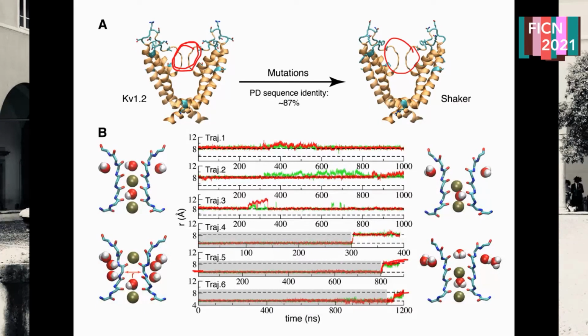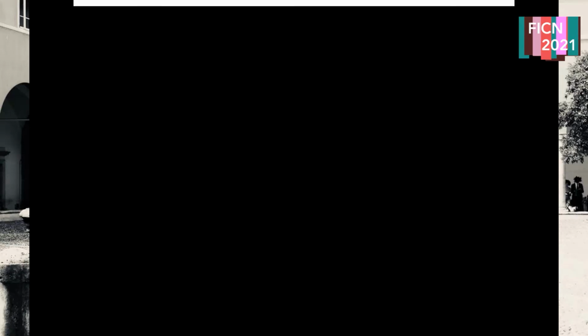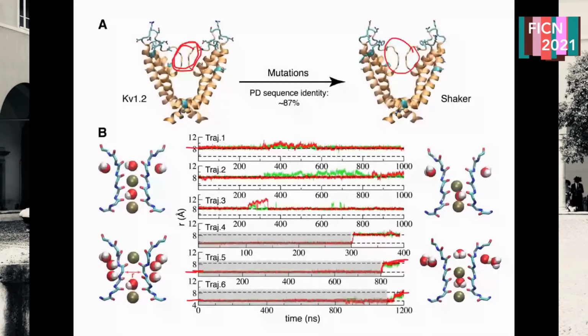So it's doing the opposite of KcsA. If you start conductive, it stays conductive, and if you start constricted, it recovers to conductive. So failure here, no way to get a stable constricted Shaker. It's not because of a clash, though.